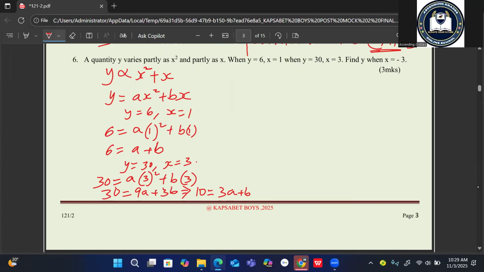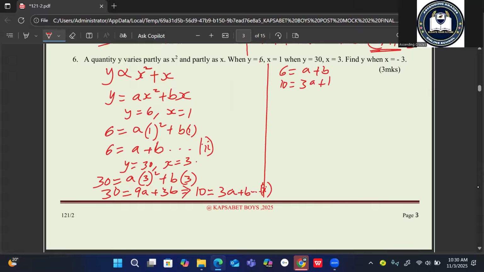So we have formed two linear equations. So that is our equation 1, equation 2. So we have 6 is equal to a plus b, and 10 is equal to 3a plus b.